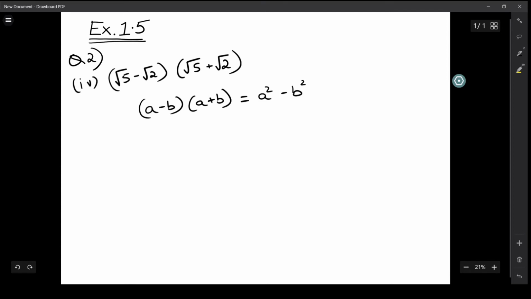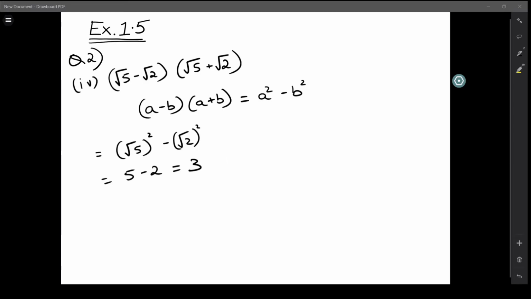This is a square minus b square. So putting this formula over here, we get root 5 square minus root 2 square, which gives us 5 minus 2, or simply 3. And that's the solution for part 4.